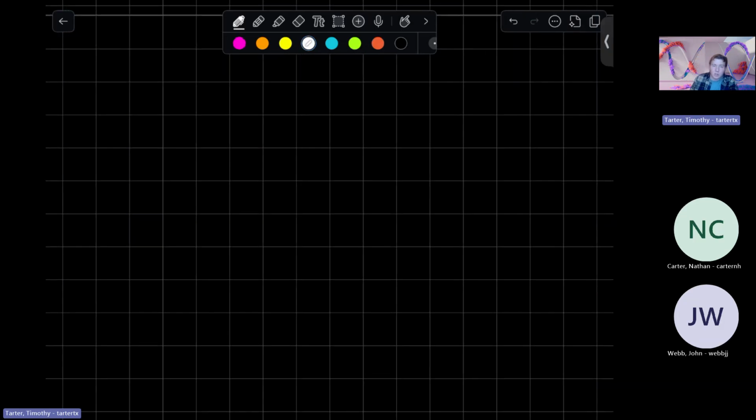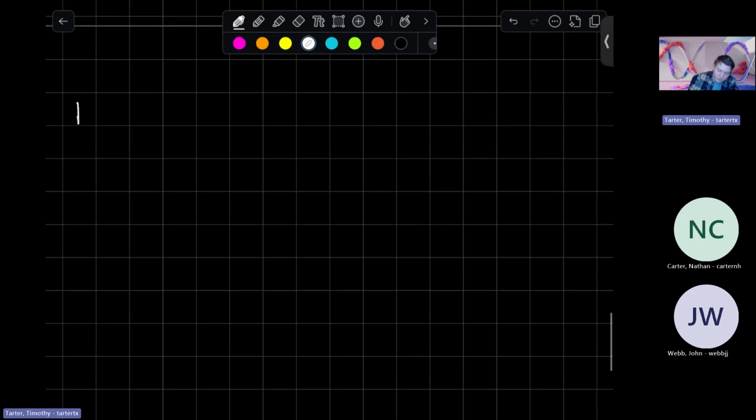Okay, so yeah, regular maps. First, we're going to define maps from arbitrary varieties to affine space.